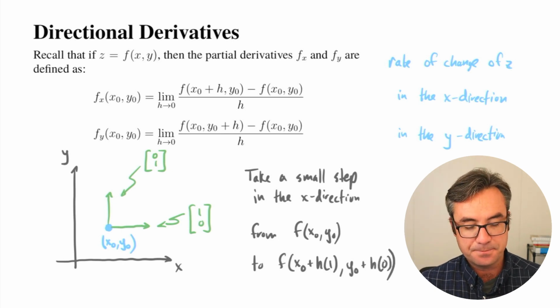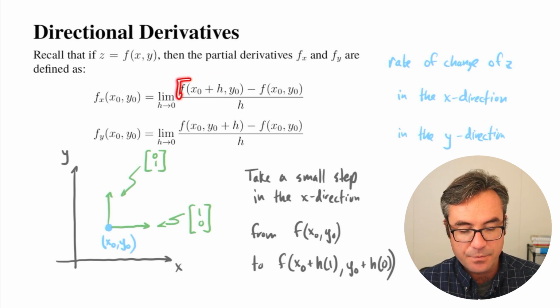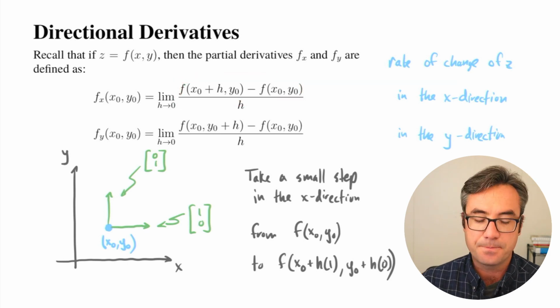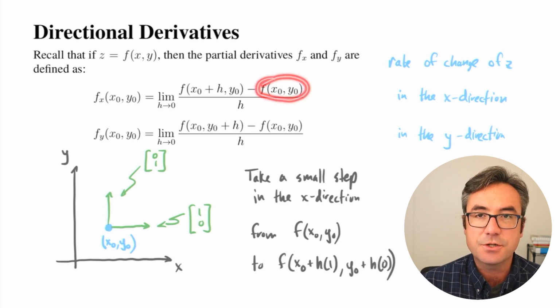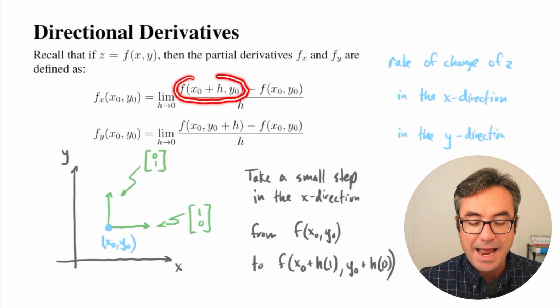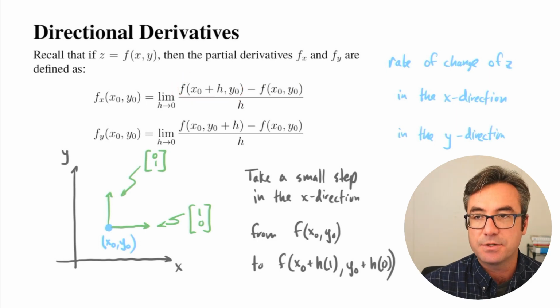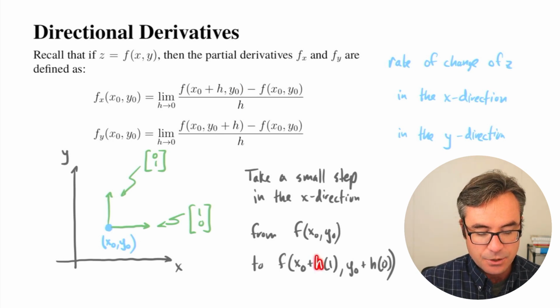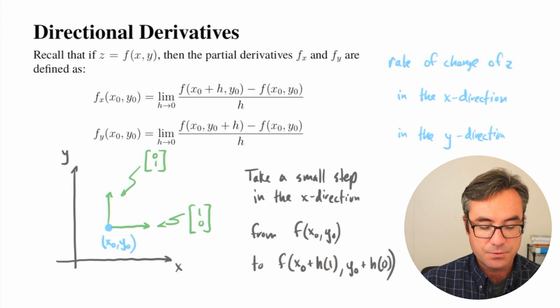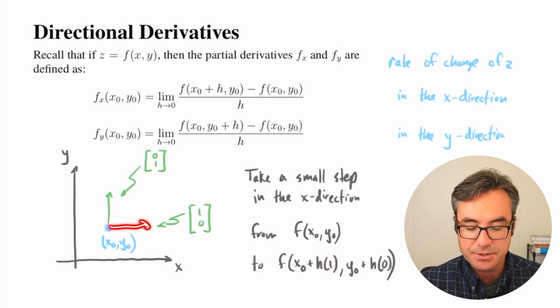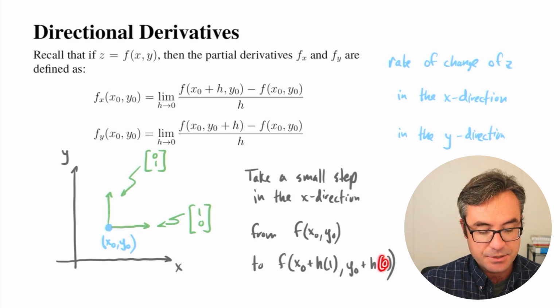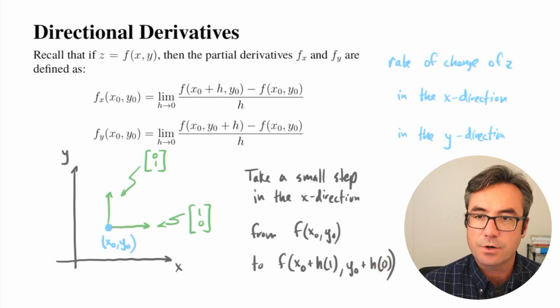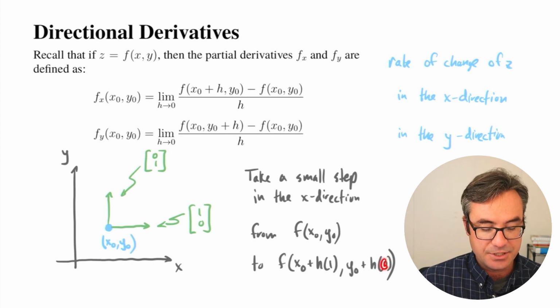So if we look at this, I've just rewritten these two values here. So we have our starting function value before we take the small step, and then we have our ending function value after we take that small step. And I've added a little bit extra in here. So we're taking a small step h, and the constant here is 1 because we're taking a small step in the x direction, and over here in the y direction, we're staying constant there, so I have a 0.